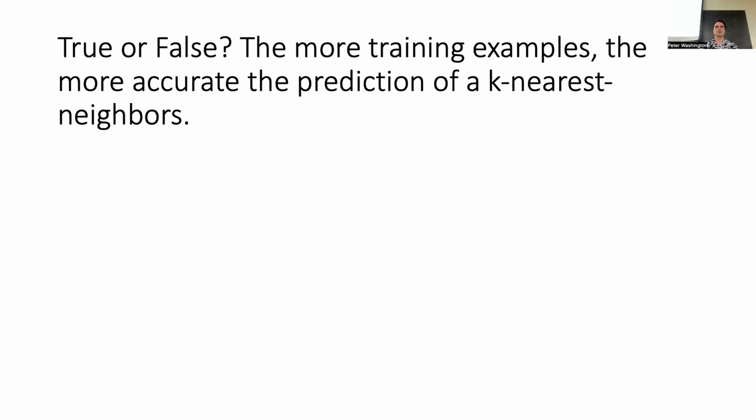Who thinks false? Okay. Wow, okay, this might be a harder example. So I put true because if you have more examples, when you look at your nearest neighbors, you're probably going to be more accurate because there's more neighbors.